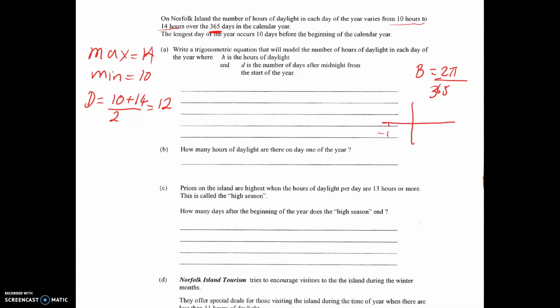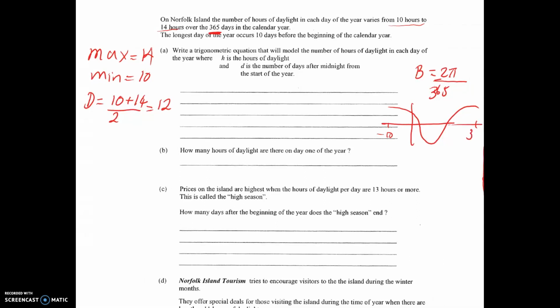That's negative 10 starting at the maximum. Sorry, that is 365, take away 10 because there's a shift of 10 the other way. So that's 355. This is what our graph looks like.